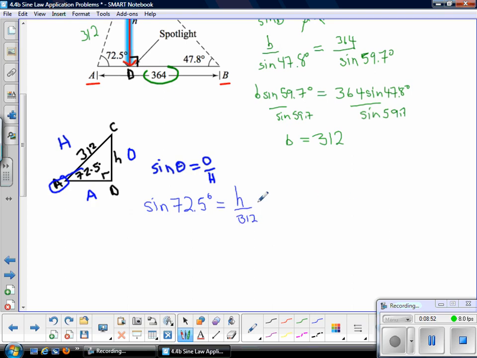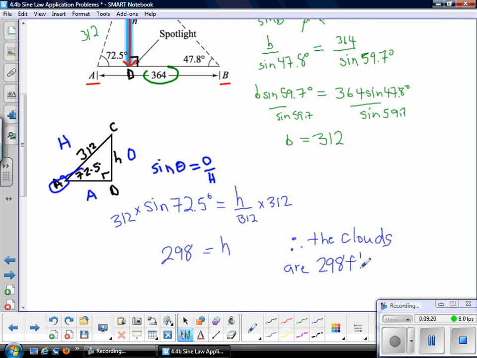Now all I need to do is multiply both sides by 312, and I end up with H by itself. And when I do that, I end up with 298. So therefore, the clouds are 298 feet high.